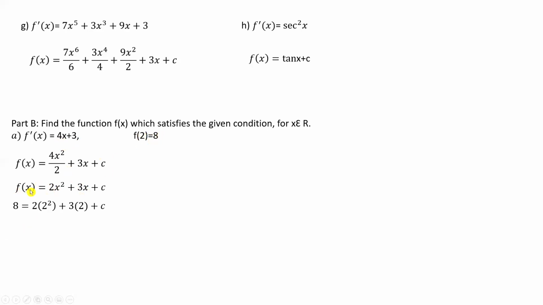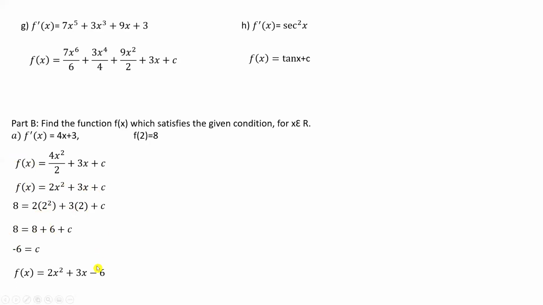So 8 goes in for f of x, 2 goes in for x, and we'll work that out. So 2 squared times 2, that's 8. 3 times 2 is 6. Get rid of the 8s, bring the 6 over, and we found out that c is minus 6. Why do you care? The function that we had originally, the 2x squared plus 3x plus c, can now be a very specific answer.